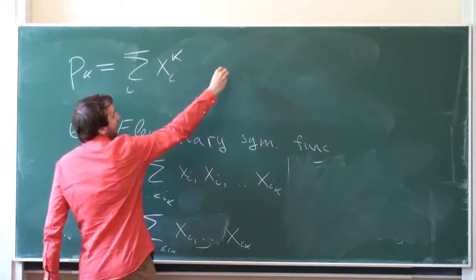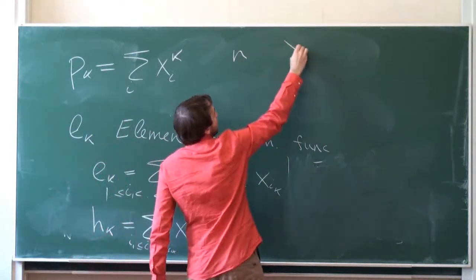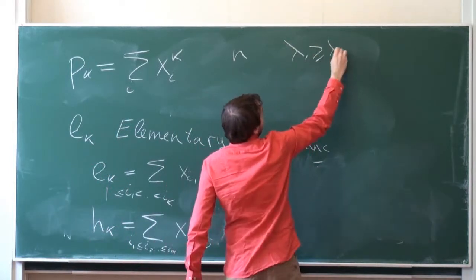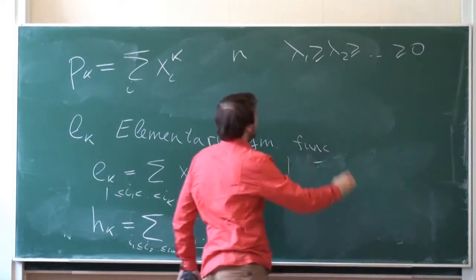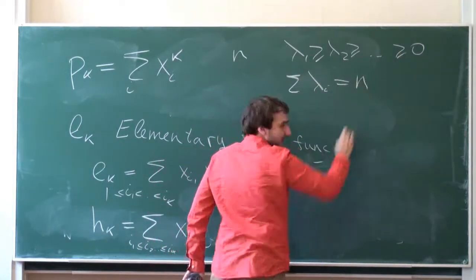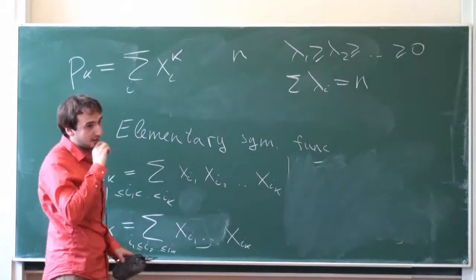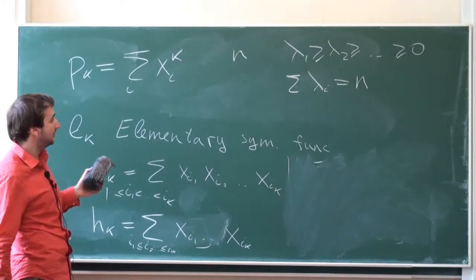If you have some number small n, then a partition is just a collection of non-negative integers such that the sum of these integers is n. As we will see, it's very natural to consider partitions in relation to symmetric polynomials.